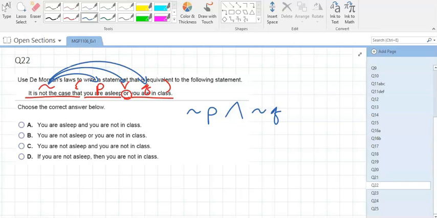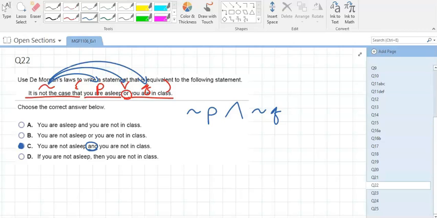Well, now you know which one it is. Has to be C. Because that's the one that has you are not asleep and then the word and. And then if you look at the last piece, that is the negation of Q. Because you are in class, the negation of that is you are not in class. And that's what they're looking for.